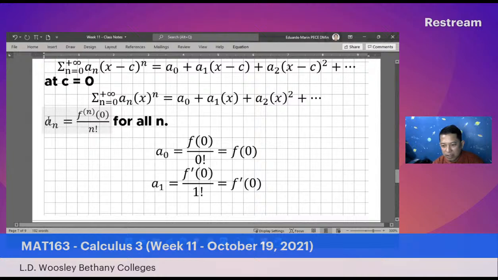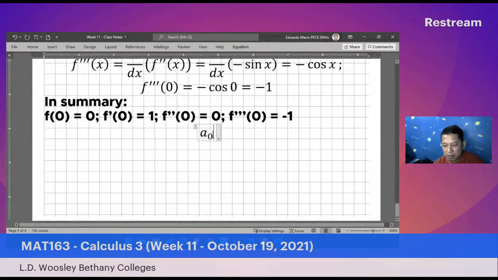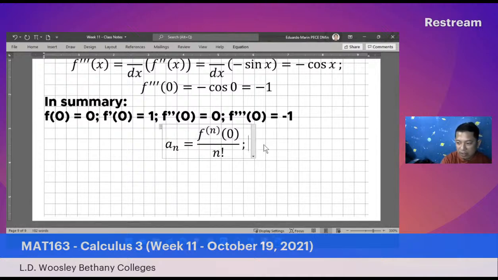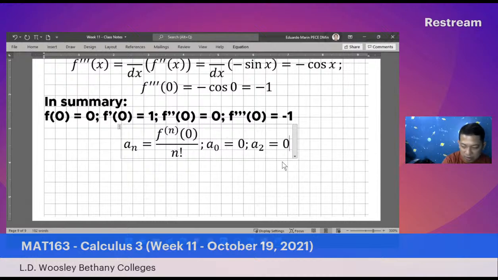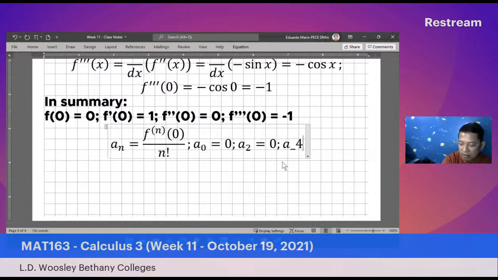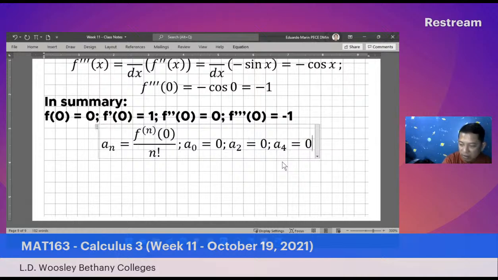Dito natin kukunin yung definition natin, guys. Based from that, it follows that since your f of 0 is 0, automatically a sub 0 is equal to 0. Hindi na natin pahabain yung a sub 2. A sub 2 is also equal to 0 because your second derivative is equal to 0. It follows that the constant is equal to 0, and it follows through with a sub 4. Mabilis na, di ba? A sub 4 is equal to 0 din kasi nga 0 yung constant nila.